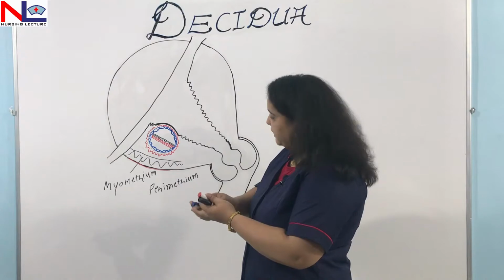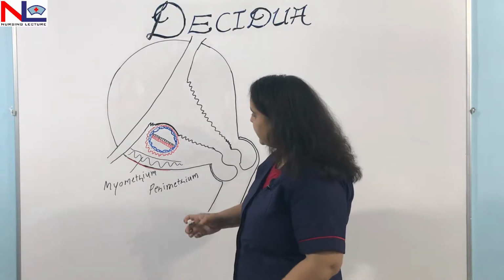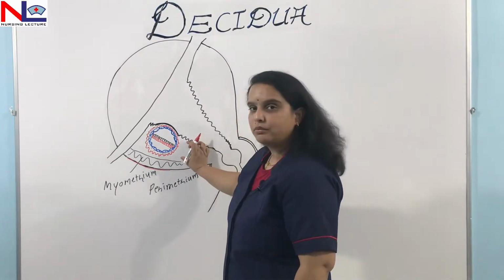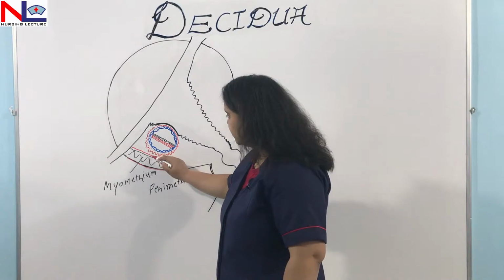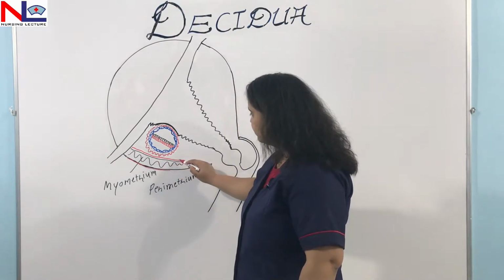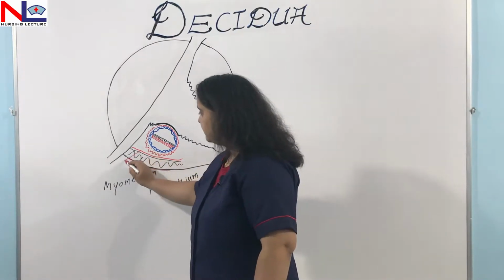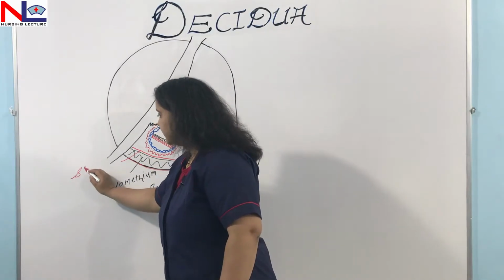And in the endometrium itself there are two layers. This whole part is called the endometrium, and in the endometrium there is a thin basal layer. Here it is, the thin basal layer. This is the stratum basalis.